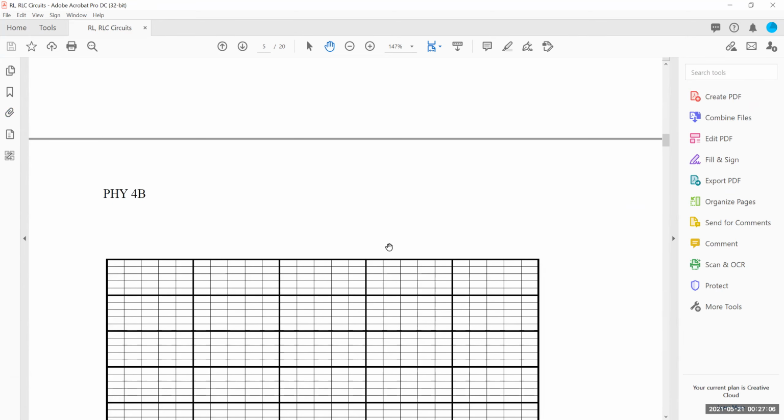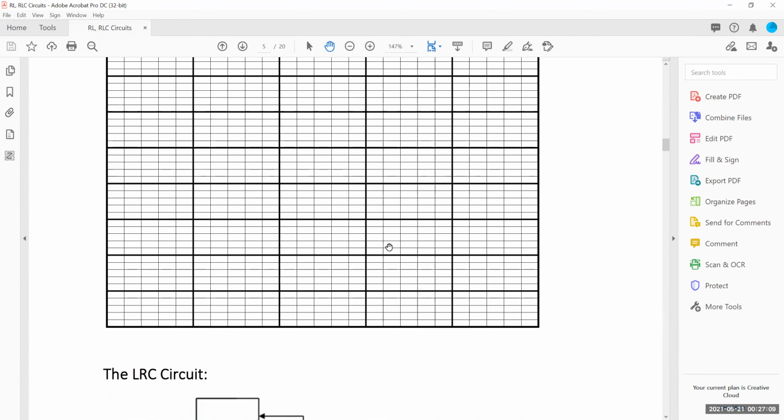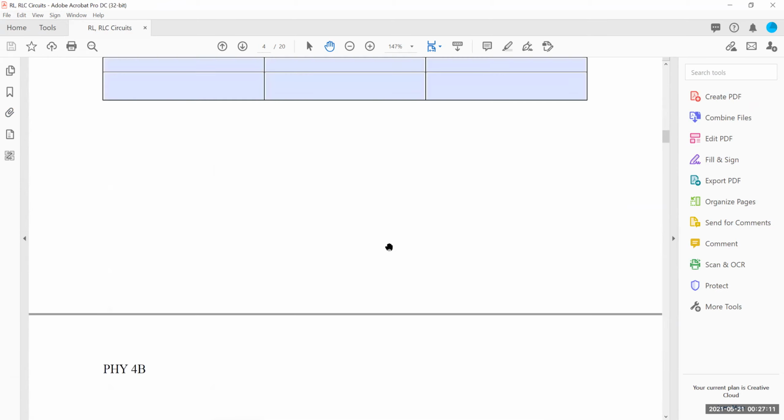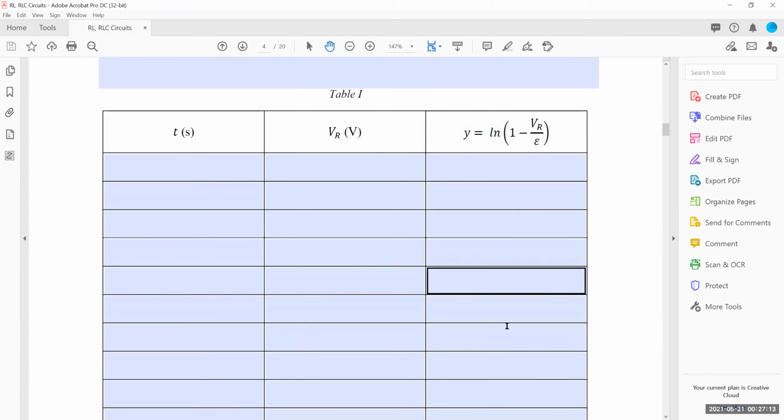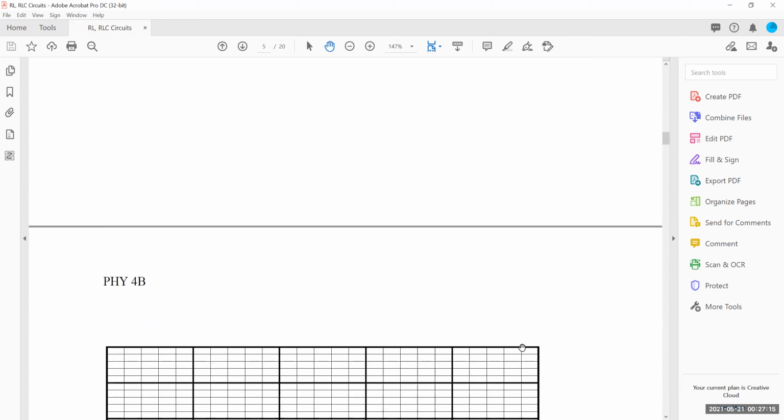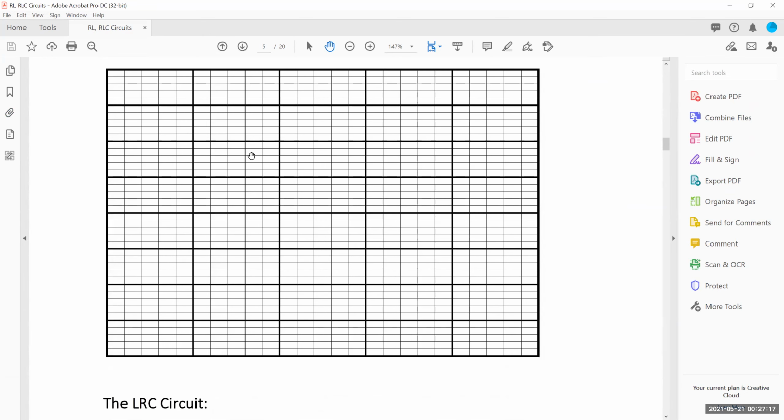You need to plot that function, namely y, not v, which should be a line like this one, going like this. On this side you're plotting the time, and on this side you're plotting the natural log of 1 minus v sub r over epsilon.